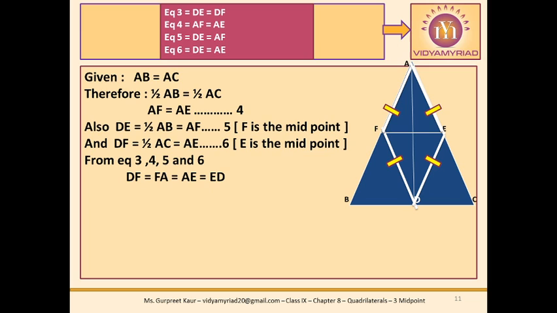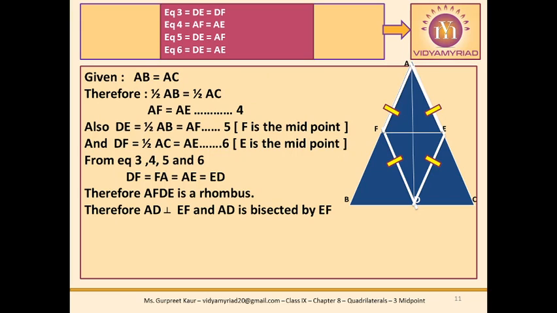All these sides are equal. So thus we can say that AFDE is a rhombus. Now therefore we can say AD is perpendicular to EF and AD is also bisecting EF, because diagonals of a rhombus bisect each other at 90 degrees.